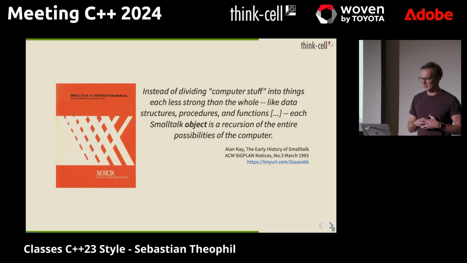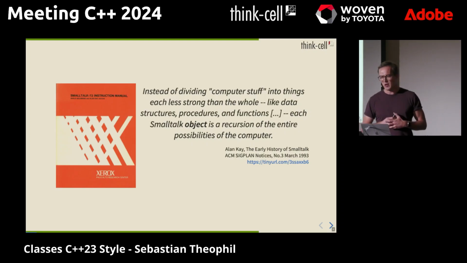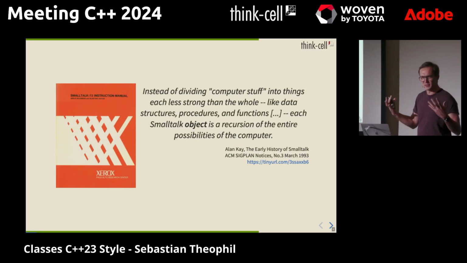Well, that's a better definition, isn't it? Still just means it's data and code, essentially. But the recursion of the entire possibilities of the computer, it sounds like the possibilities we have when we program, right?